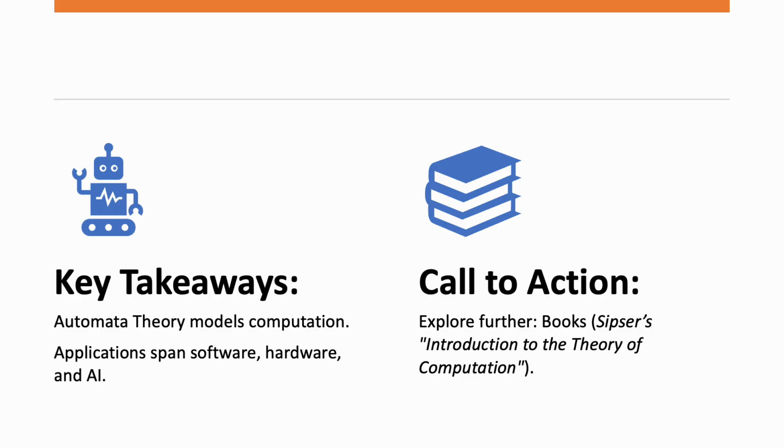Let us consider a real-world example: searching a database. A classical automaton like a DFA or NFA would search through the database one entry at a time, following a set of rules to find a match. A push-down automaton could handle more complex queries by using a stack to keep track of nested conditions, like searching for records that meet multiple criteria.